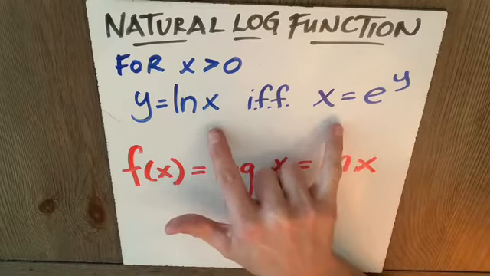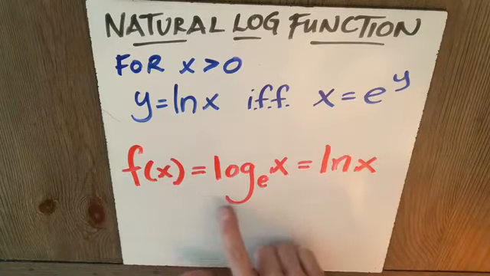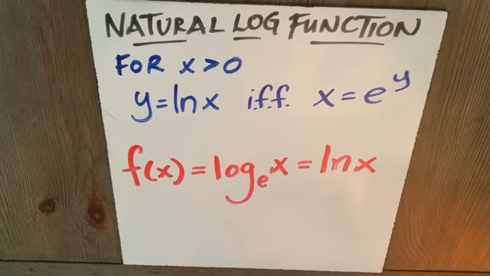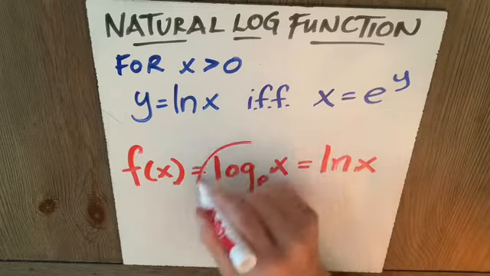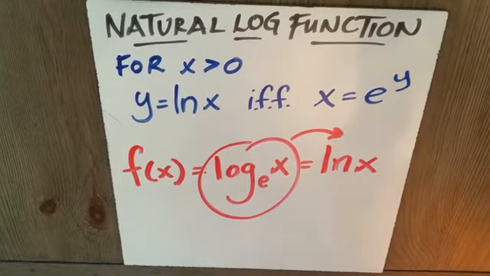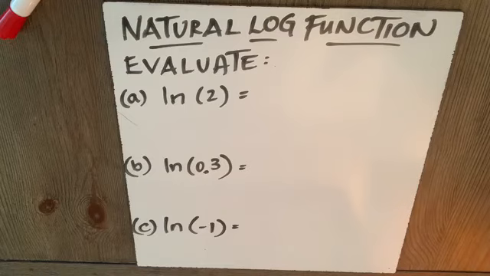They are equivalent. Note, f of x equals log base e of x is the same as natural log x. We think this, but we write this. You have to understand that this means that the base in this particular problem is e, which is just about 2.7.